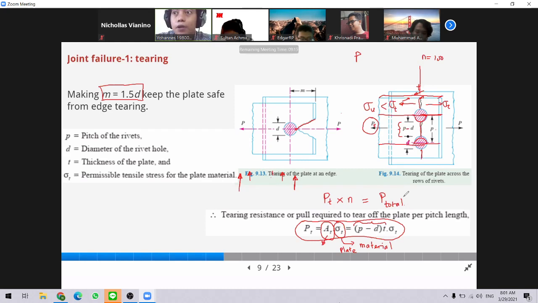Usually for this bending effect on the failure of the joint, we don't calculate it, because we just add a safety factor in our calculation to compensate for this bending effect. Okay, so we just put a safety factor.